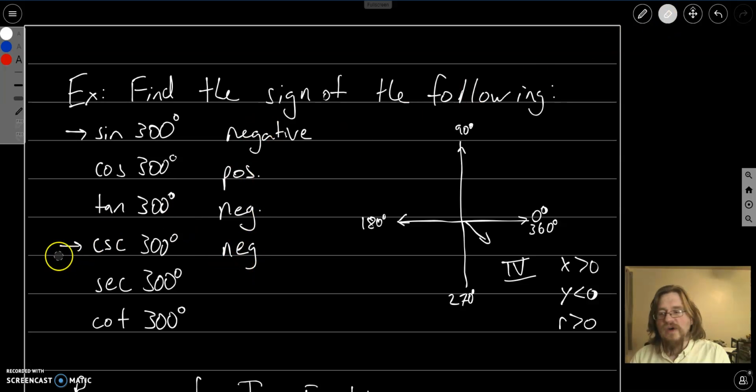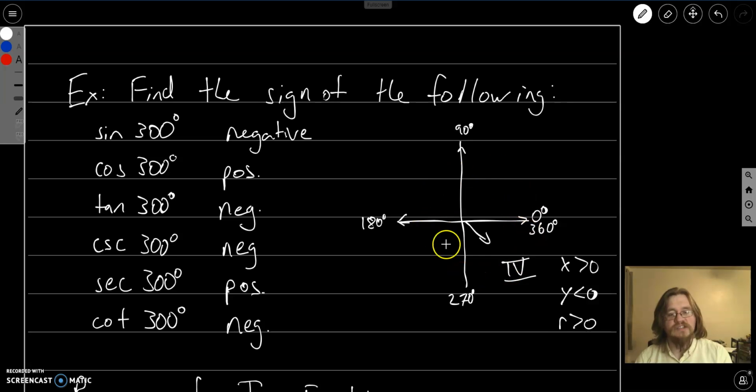In the same way, cosine and secant are reciprocals of one another. Sign doesn't change. So if one is positive, the other one has to be positive too. And lastly, tangent and cotangent are again reciprocals, and reciprocals don't change sign. So these will both be negative. So this is an example of going through, if you're given an angle, we can figure out which quadrant we're pointing in and figure out whether it's going to be a positive or negative answer.